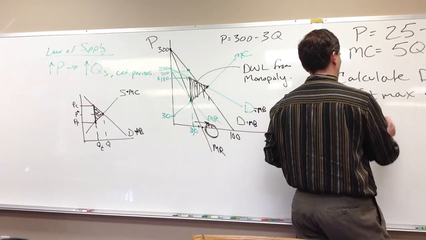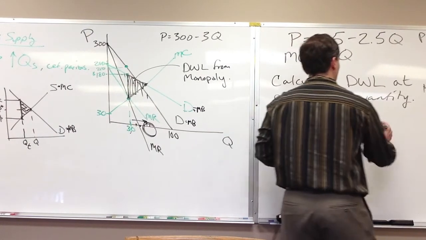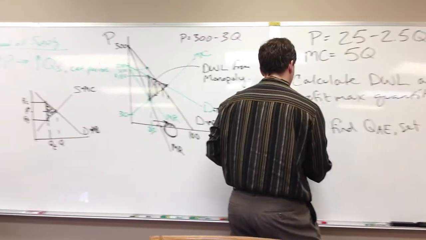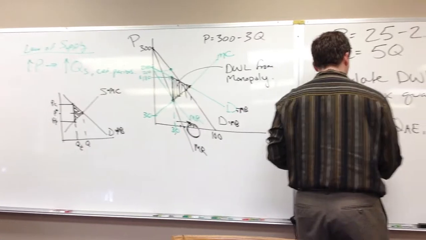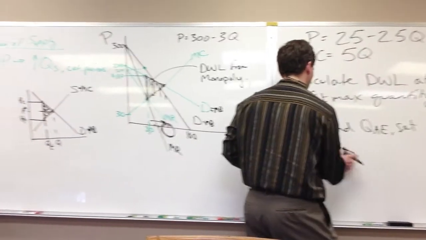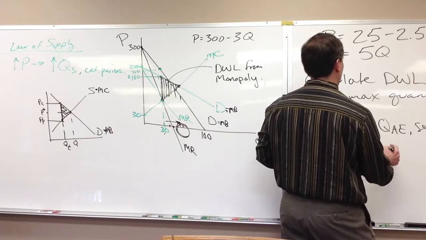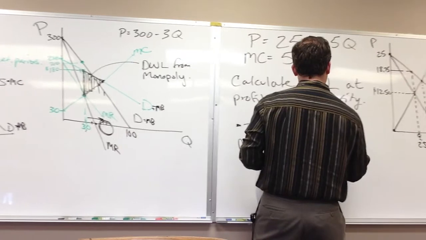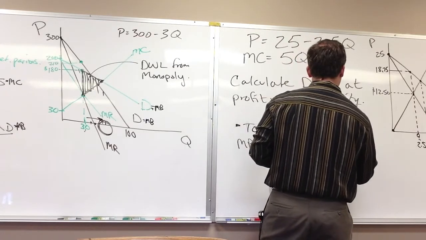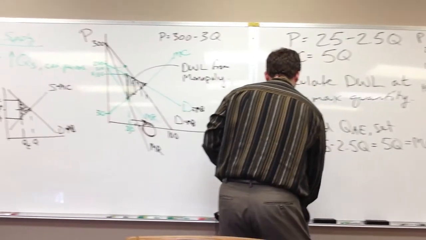So, to find QAE, set marginal benefit, which equals demand, the inverse demand curve, which I'll just write out, equals 25 minus 2.5Q, equal to 5Q, which is our marginal cost.